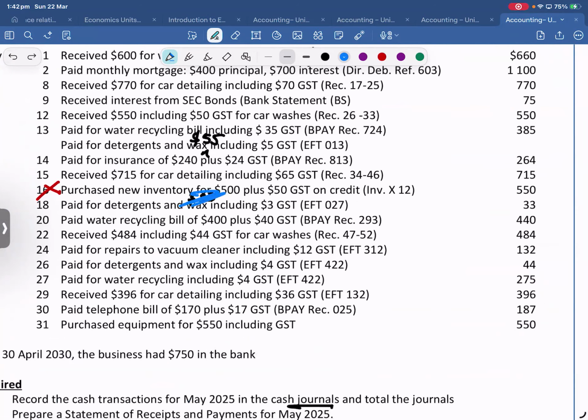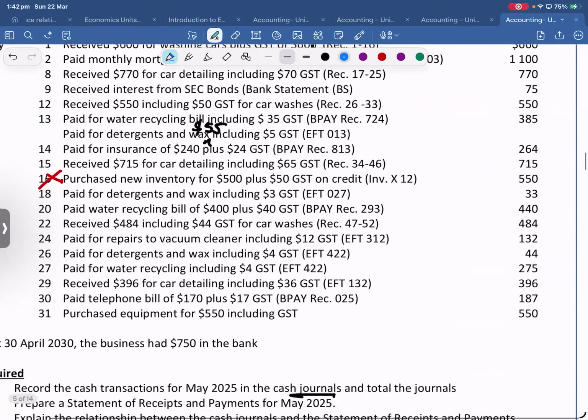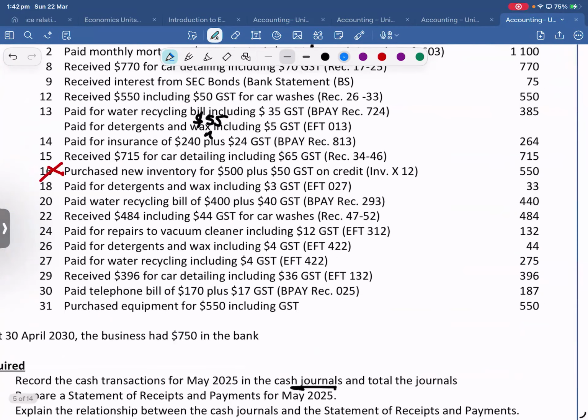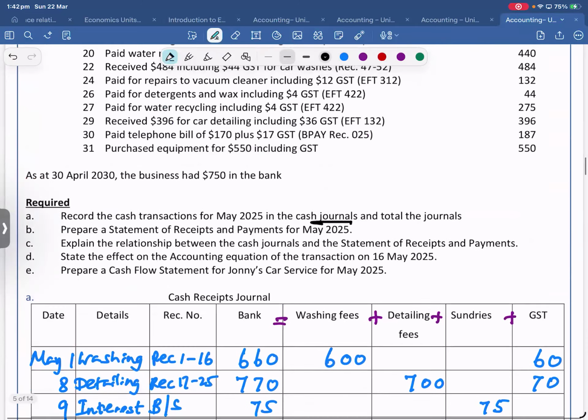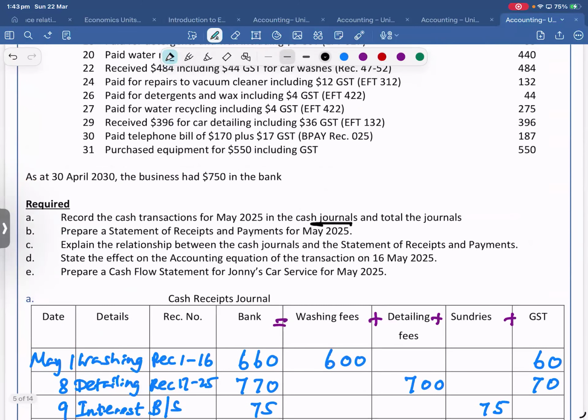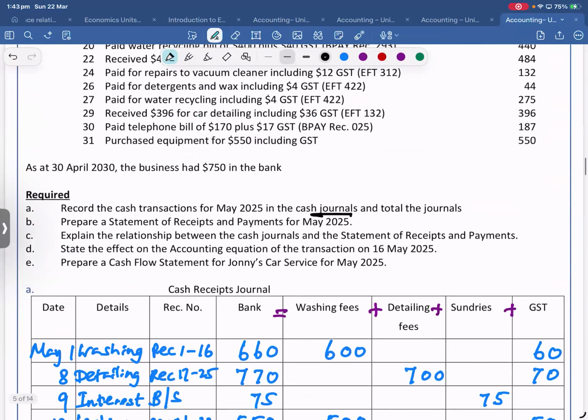I'll cross it out anyway because it's given 33. Right. Then 26th. So EFT 422.